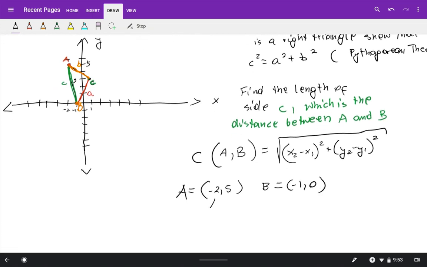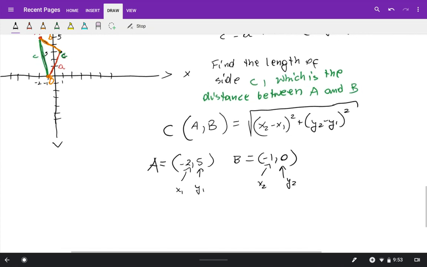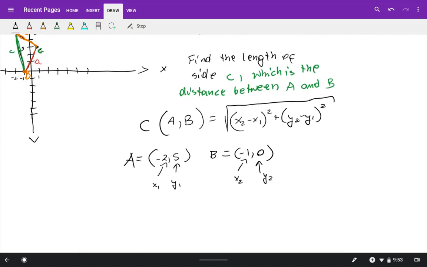So don't forget that -2 is your x1, 5 is your y1, -1 is your x2, 0 is your y2. We're just going to substitute them into the formula. Again, c represents the distance between A and B.